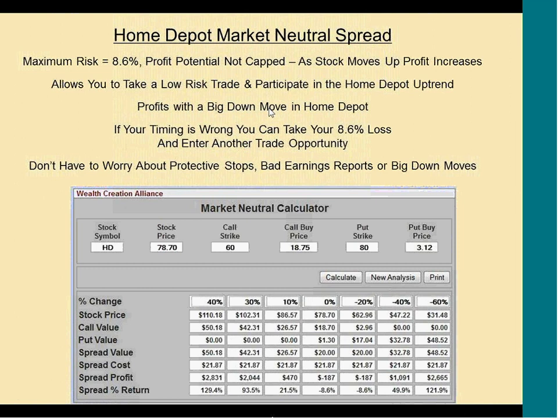Use the Prime Select three-step process for selecting these market neutral trades, and I'll just go through this briefly. Within Trade Select, we use a three-step process to find stocks and options with the best profit potential. Step one is we use my trend following system to determine the price trend.